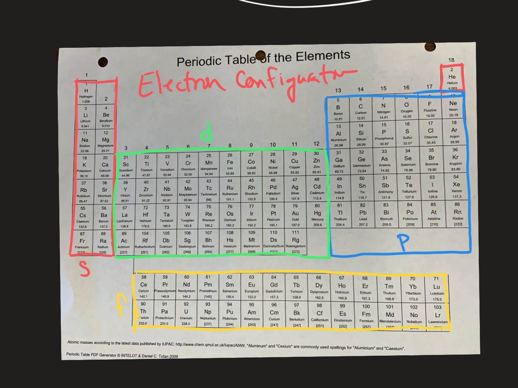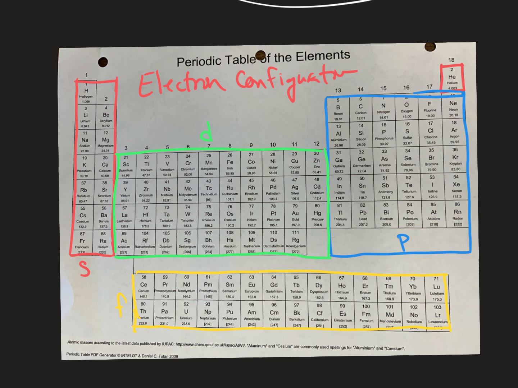We're going to consider this periodic table not as the periodic table of elements, but as the table of electrons. So we're not going to ignore the elements completely, but for example, this is electron number 1, this is electron number 2, and this is electron number 111.